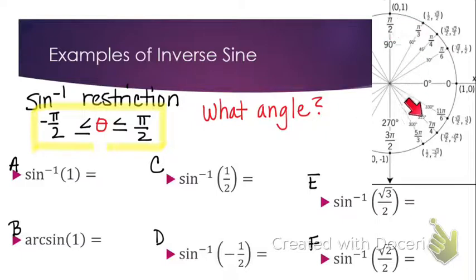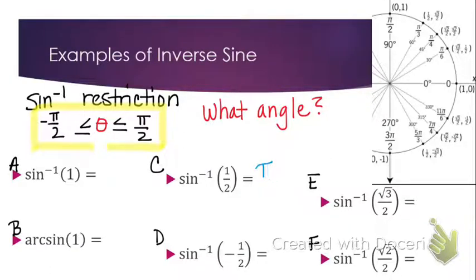So I'm only looking in these 2 quadrants. What angle has a sine of 1? Well, that would be here, right? So the angle is pi over 2, because we're answering it in radians, not in degrees. So the answer would be pi over 2. So that is the answer to question A.